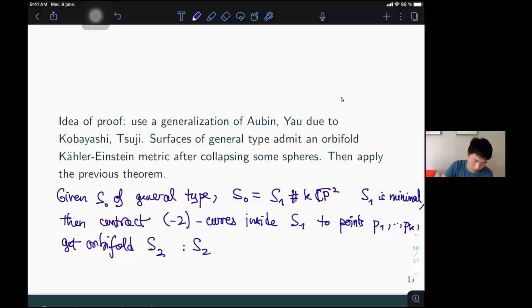S2 carries a Kähler-Einstein orbifold metric.